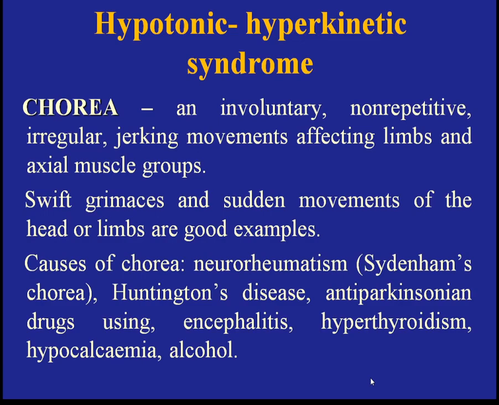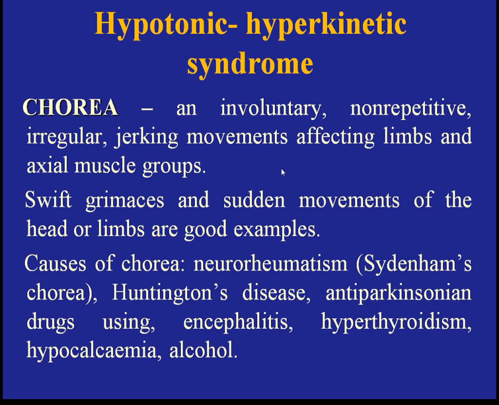What are they? The first one is chorea, involuntary, non-repetitive, irregular, jerking movements affecting limbs and axial muscle groups. Swift grimaces and sudden movements of the head and limbs are good examples.